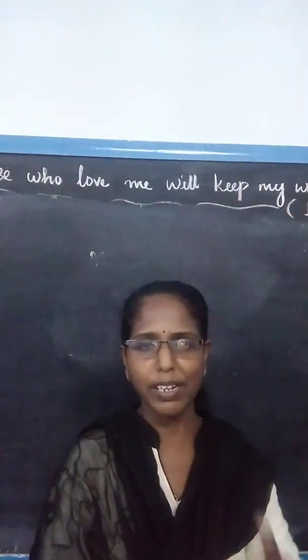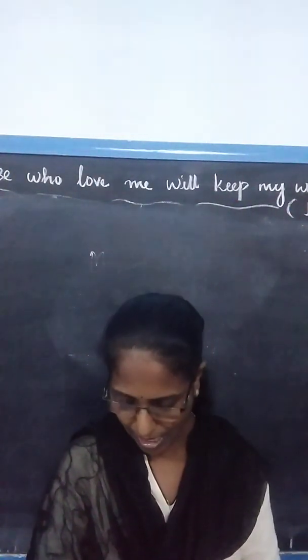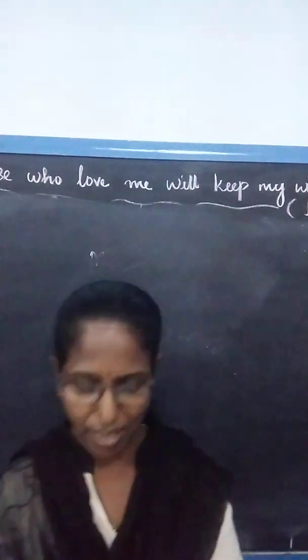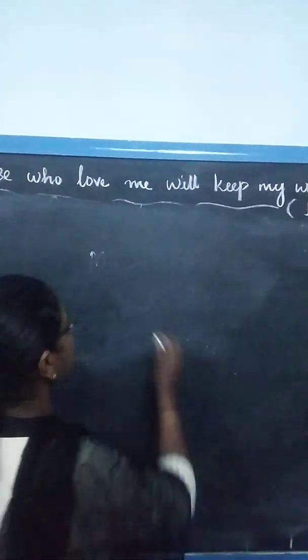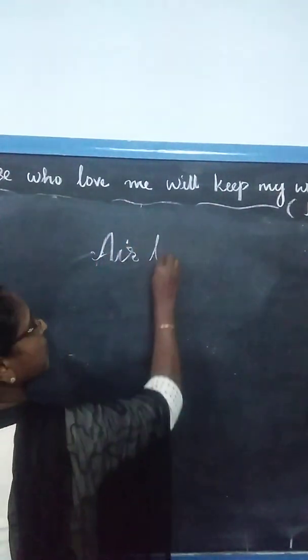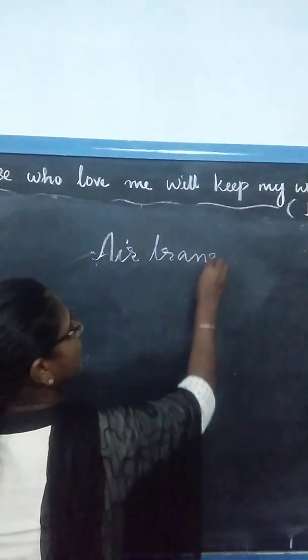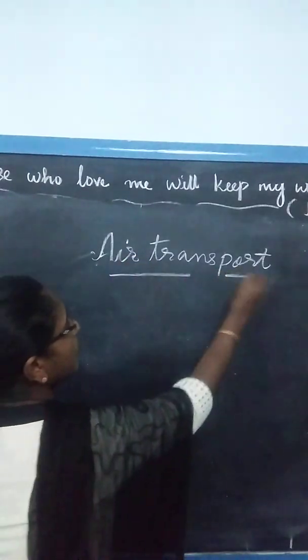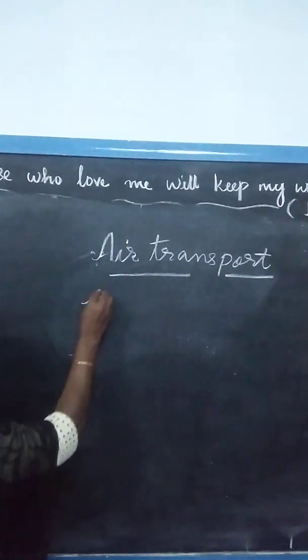We can travel in air by aeroplanes and helicopters, and they are means of air transport. So now we are learning air transport. And under air transport, what we have?